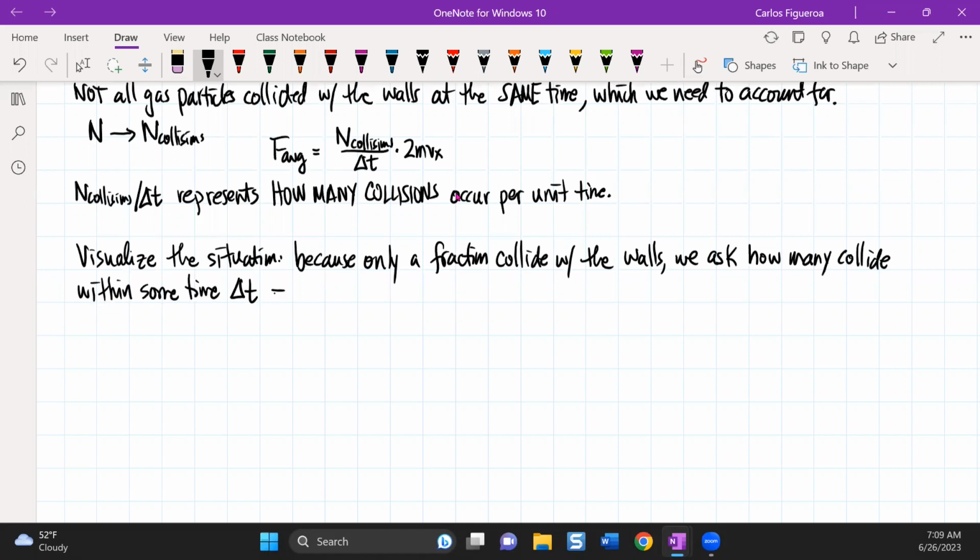And it turns out that because particles are moving, that means the gas particles span some space.